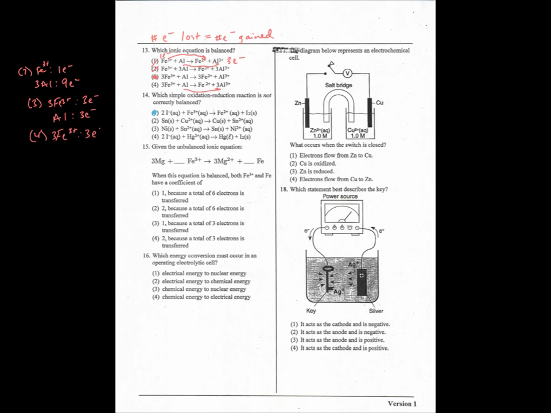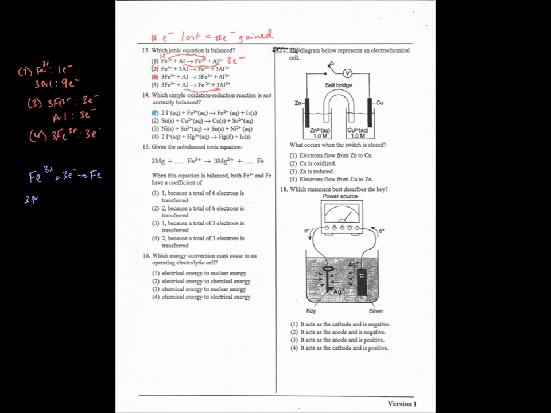All right, now number 15. We're in a tricky section here. When this equation is balanced, both Fe3+ and Fe have a coefficient of what? So let's see. Okay. So Fe3+ has to gain 3 electrons to become Fe.